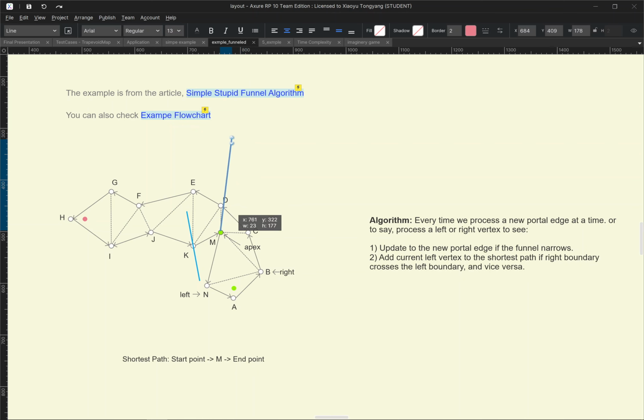The right boundary is MD and the left boundary is MK.